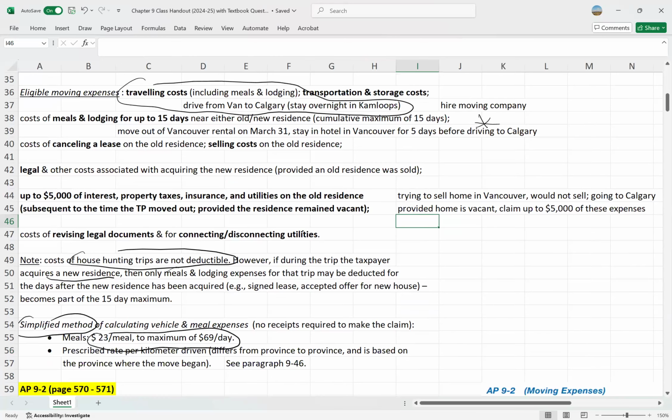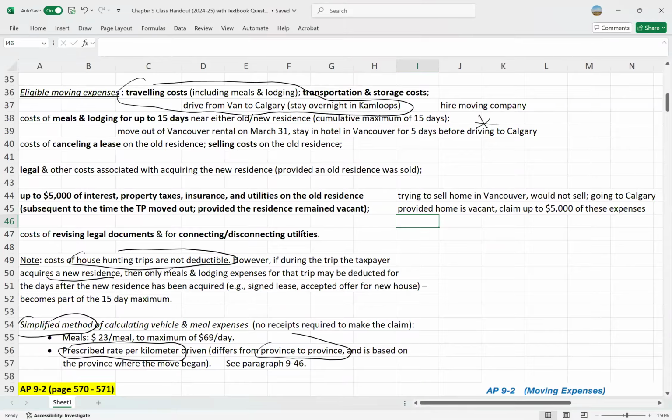And then also when you're driving from Vancouver to Calgary, rather than keep track of how many kilometers and all the gas receipts, you can use these prescribed rates. Basically, the CRA sets a rate per kilometer, but it differs from province to province.